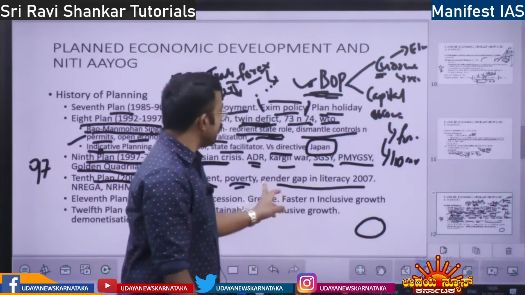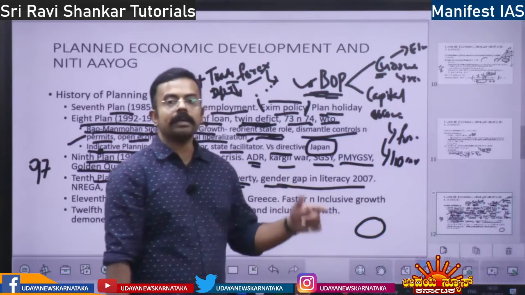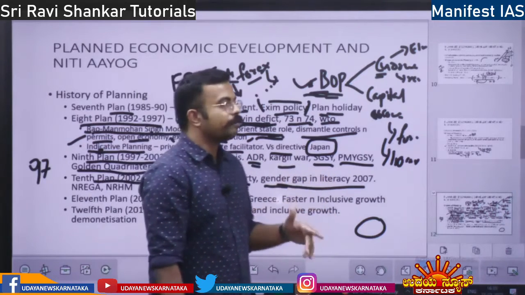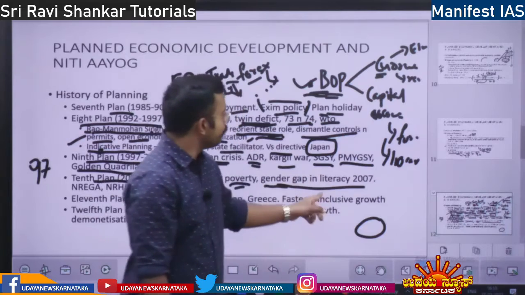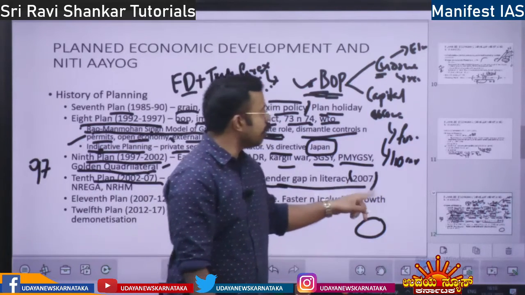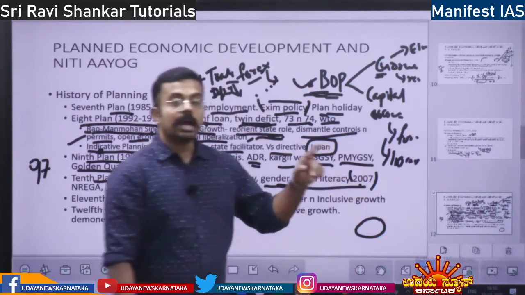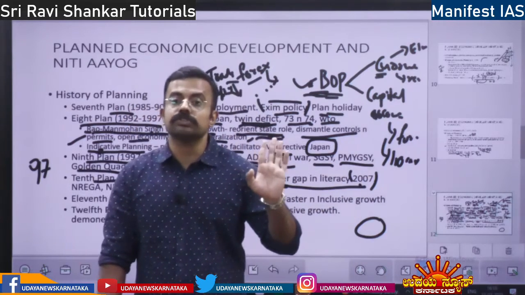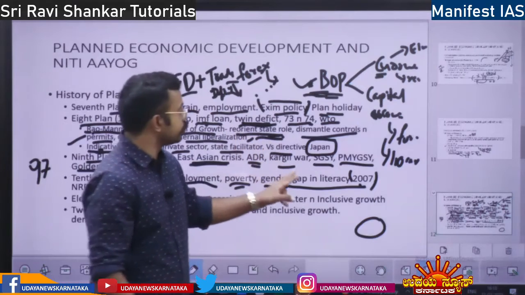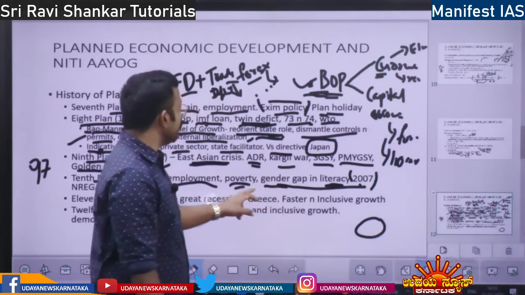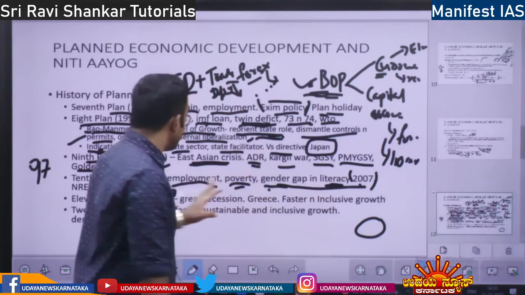This aims to reduce the gender gap by 50%. If today 1 lakh girls are going to school, by 2007, that is the end of the plan, at least 1,50,000 girl students should have literacy. The plan envisages that the gender gap should be reduced.